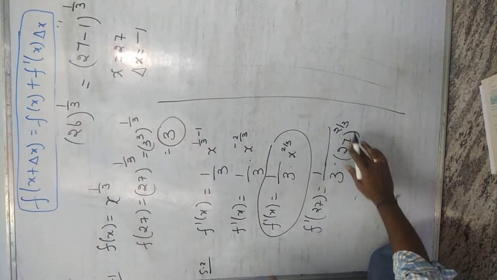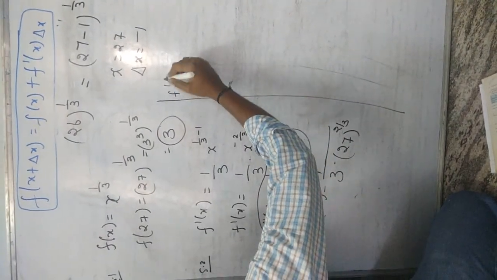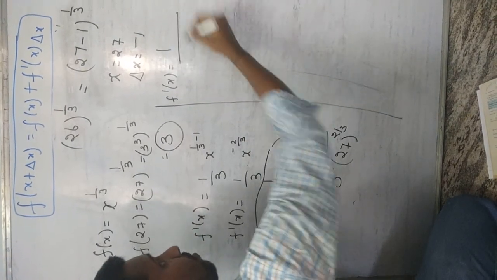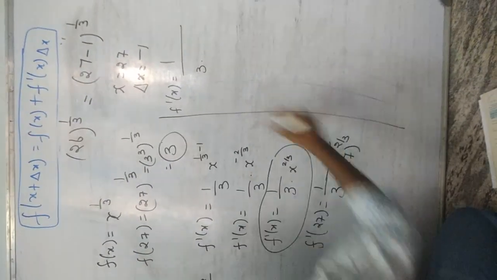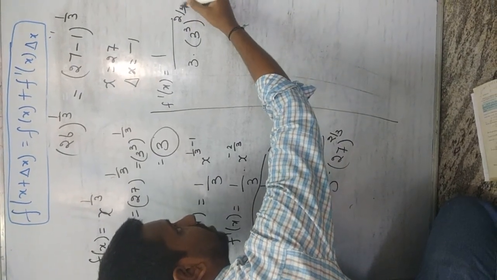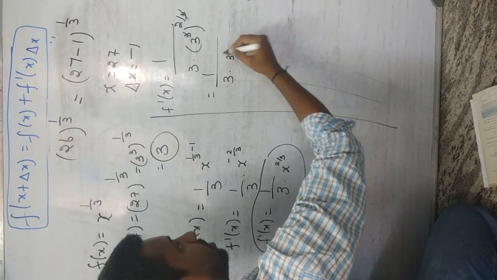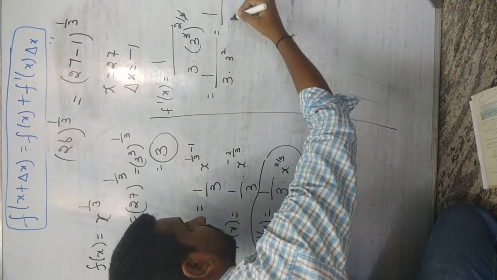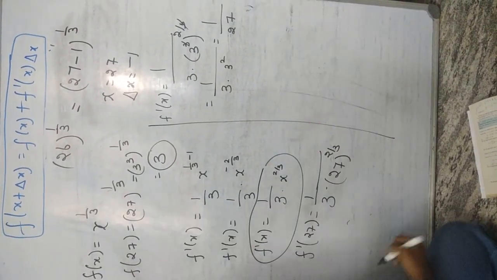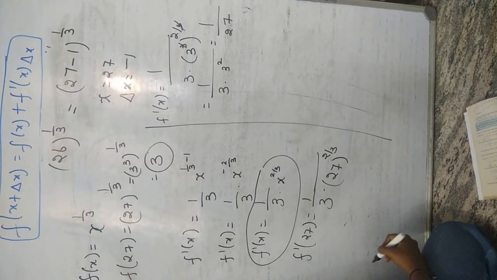Class 6th portion, 27 power 2 by 3. So f dash of x equal to 1 upon 3, 27, that is 3 cube power 2 by 3. 3 cancel. So 1 by 3 times 3 square. The answer is 1 by 27. 3 cube, 9 3s are 27.